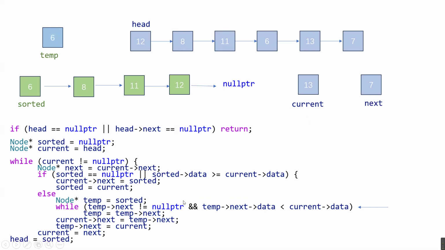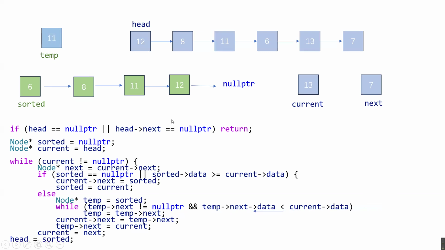If it's less than, we continue to traverse the elements of the sorted sequence. Here, the temp will become the next, will become 8, right? And back to the while loop, the 8 is still less than the current. So we will continue to traverse. The temp will become the next one, will become the 11. 11 is still less than 13.